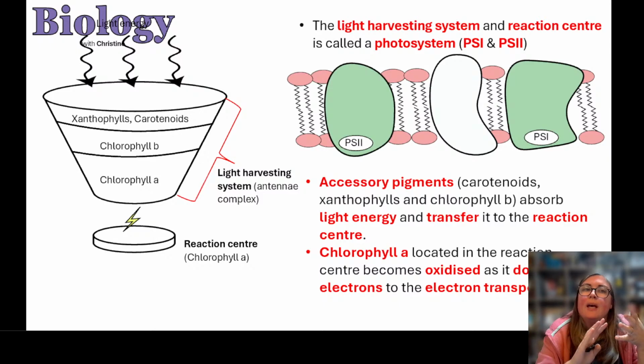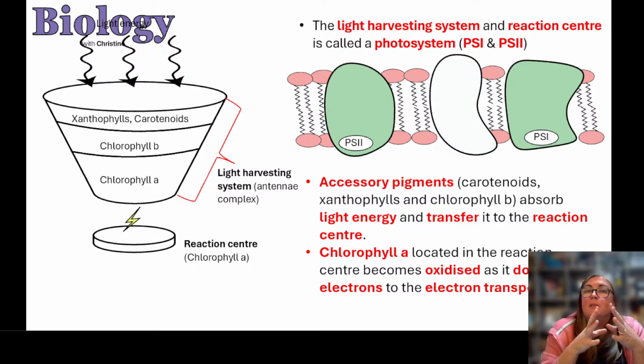When you look at the photosystems, they're made up of light harvesting systems and reaction centers. So basically, you've got these molecules: xanthophylls, carotenoids, chlorophyll B, chlorophyll A. You've got these pigments in the proteins, and what that means is that these pigments are able to absorb light energy, at different wavelengths of light.